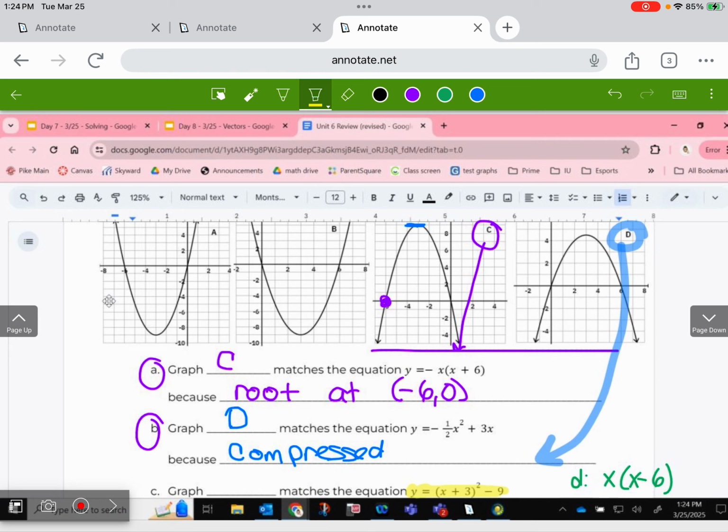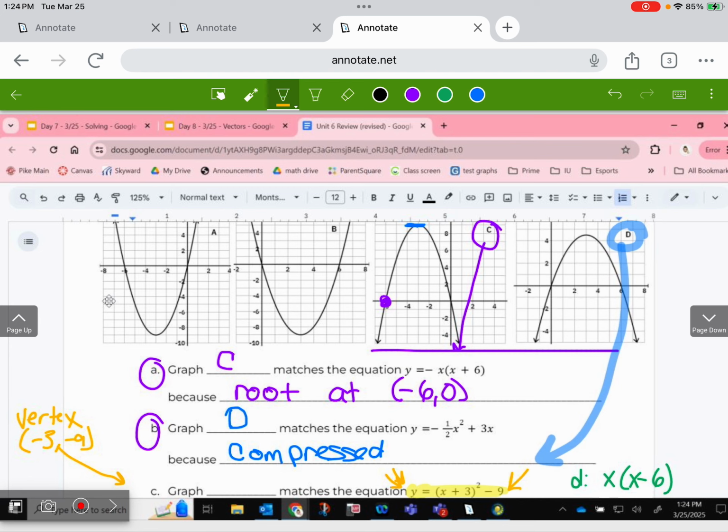So what do we know based off of these pieces of information? What form is this one in on lowercase c? Vertex form. So this one has a vertex. Where's our vertex? -3, -9.